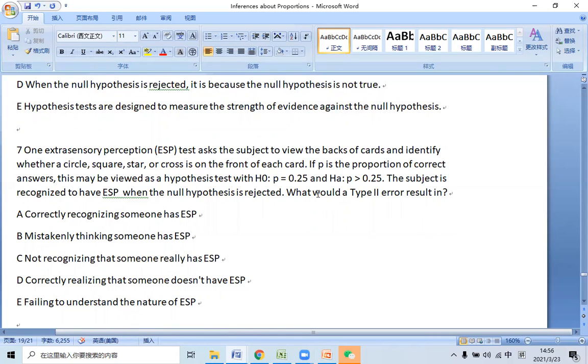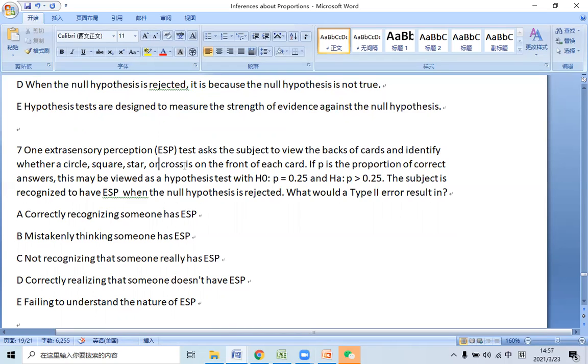The null hypothesis says p is 1 in 4. 1 in 4, that means you have 4 options, right? A circle, square, star, cross. So you look at the back of the card. Can you see what's written on the other side?